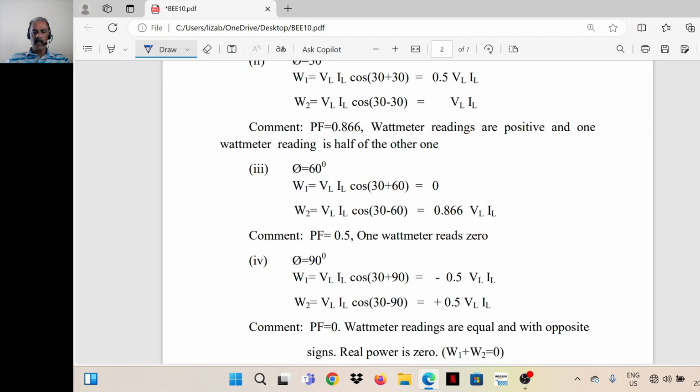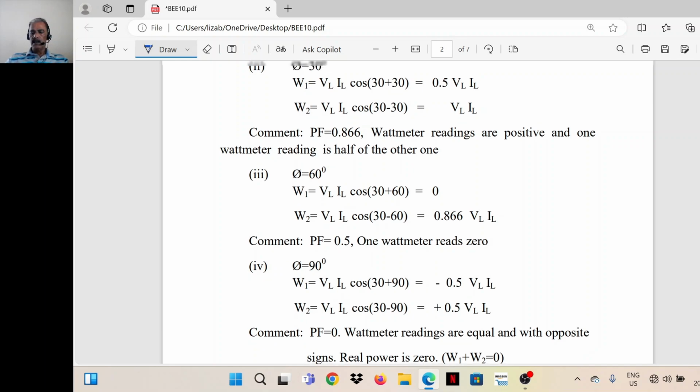That means if we add the two, W1 plus W2, it is 0, because power factor angle is 90 degrees, so power factor is 0. At 0 power factor, real power will be 0. Real power consumption is 0. W1 plus W2 is equal to 0 when power factor is 0, or when power factor angle is 90 degrees.